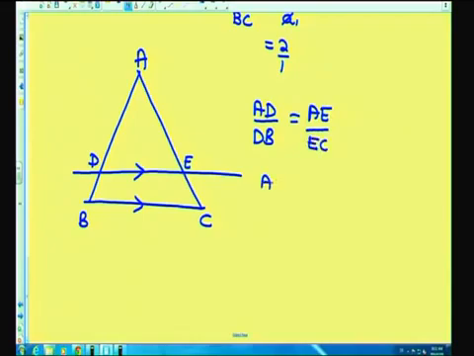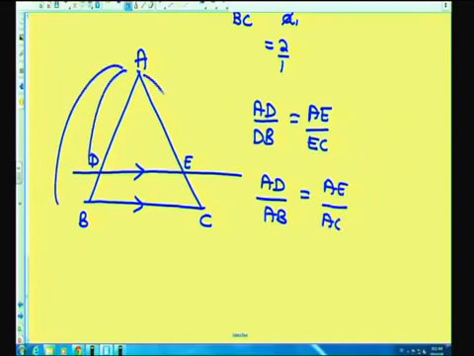We can also say AD, which is this one, to AB, the whole length, equals AE to AC. Notice, short, long, short, long. So we're working with proportion, and you could actually think of it in this way. You could say to yourself, I know that that angle equals that angle because those angles are corresponding angles.